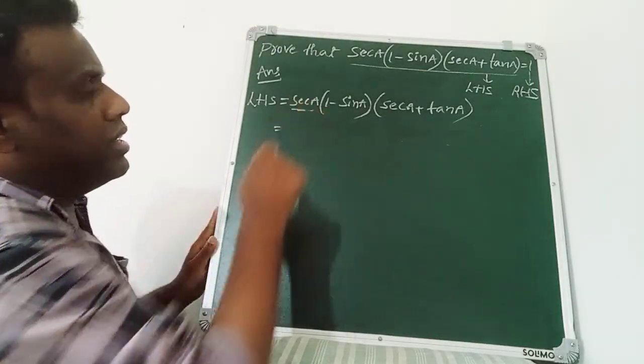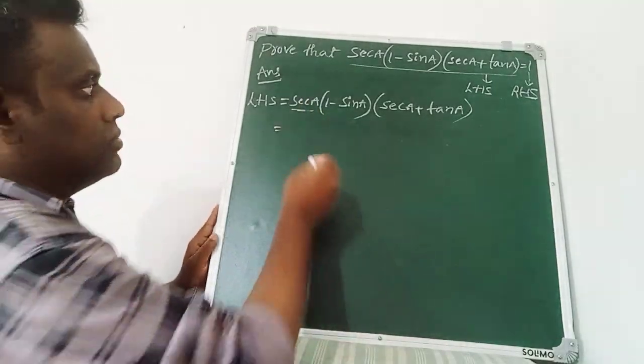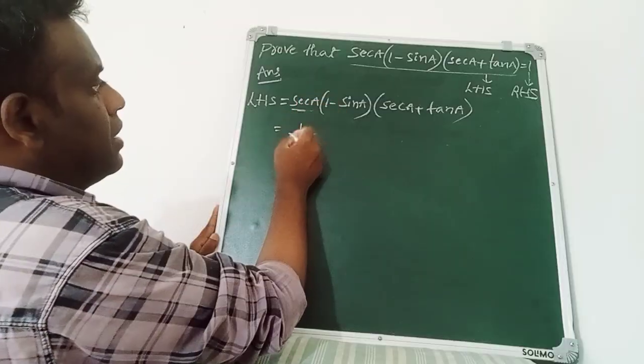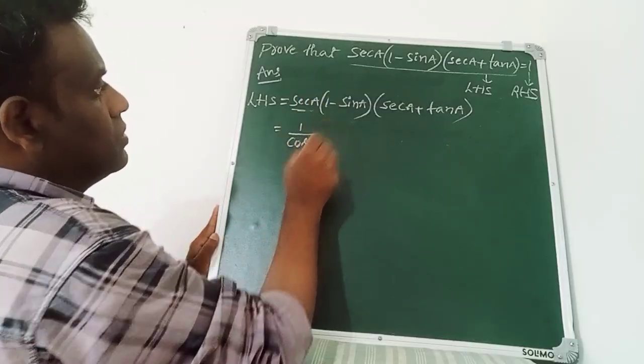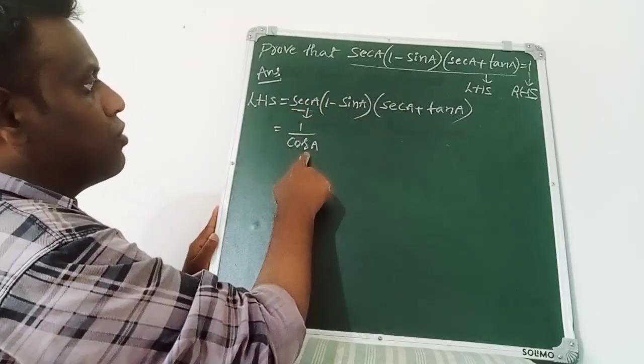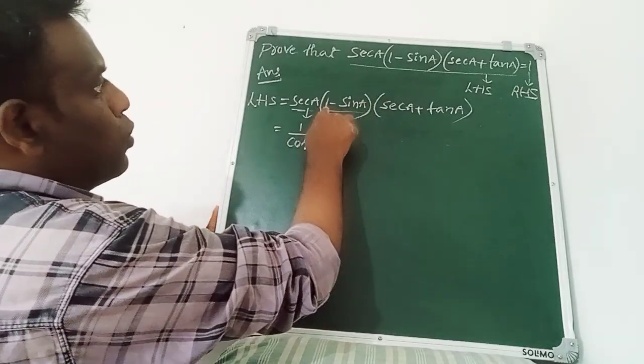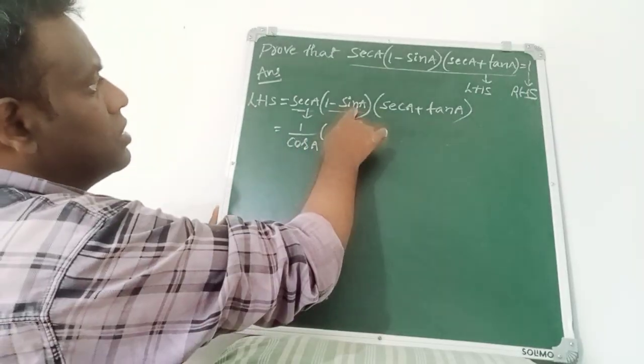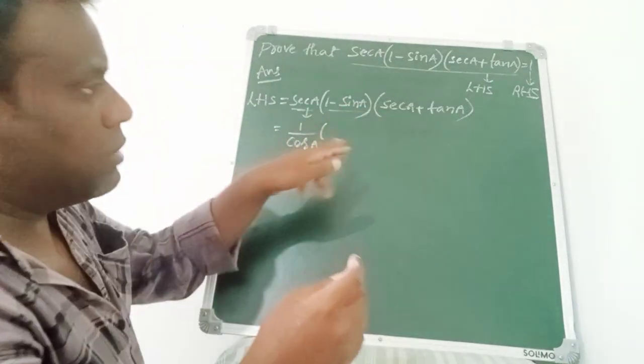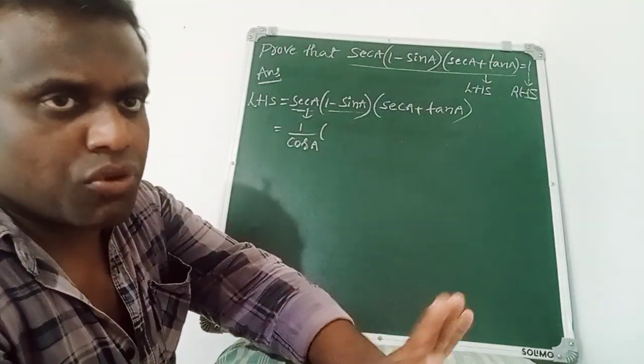LHS, see, secant A is what? We can write secant A as 1 by cos A. This is a standard formula. Next, this bracket 1 minus sin A. We want everything in sin A and cos A form, right?